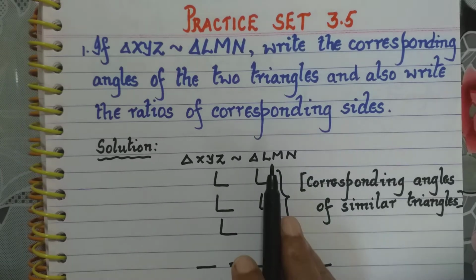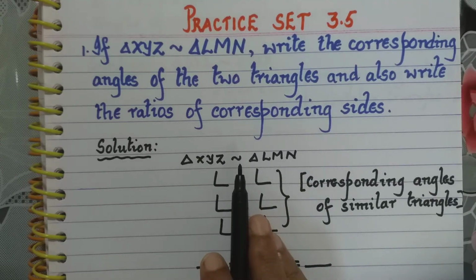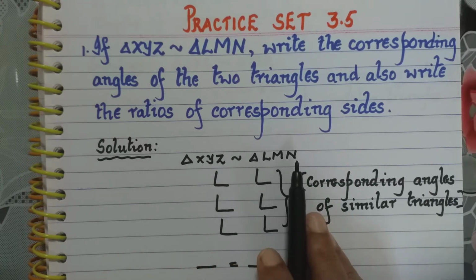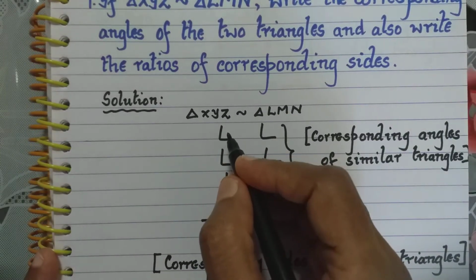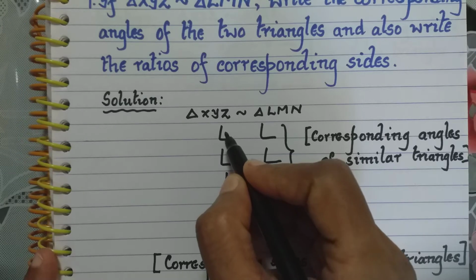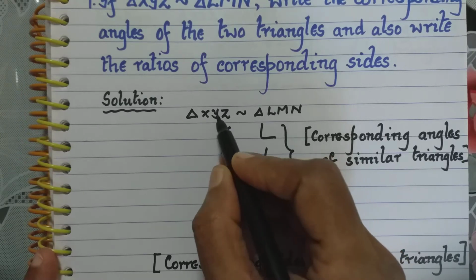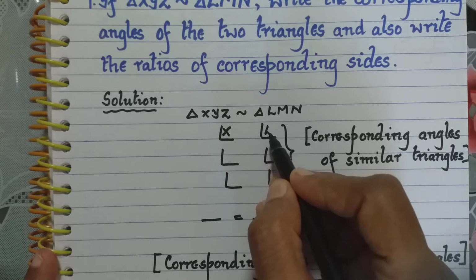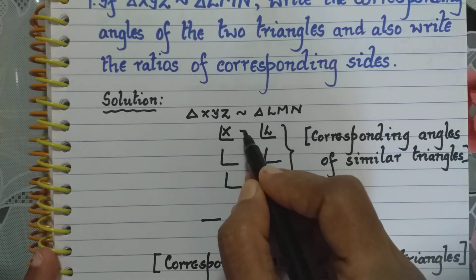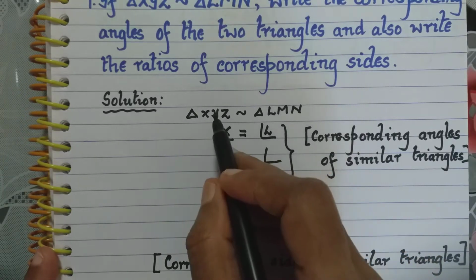How do I write the angles? They have said triangle XYZ and triangle LMN. So directly, I can write angle X, the first alphabet here and the first alphabet here, angle L. So angles will be equal to each other.